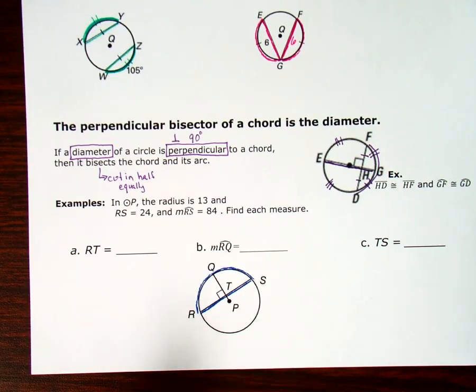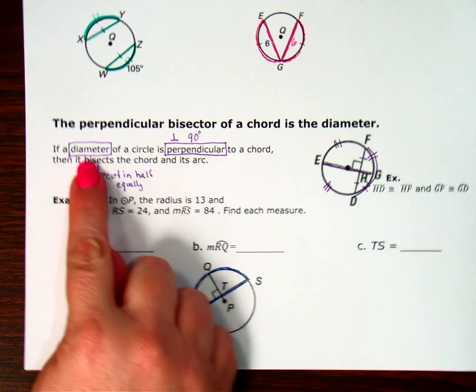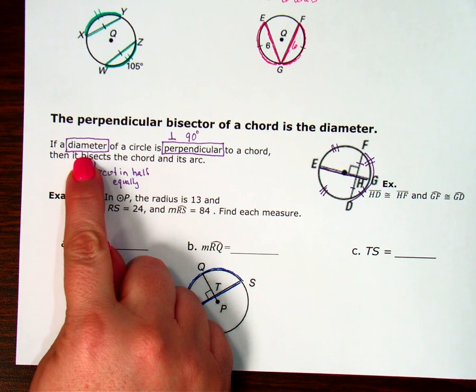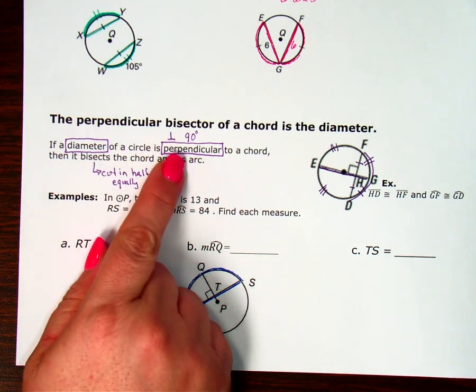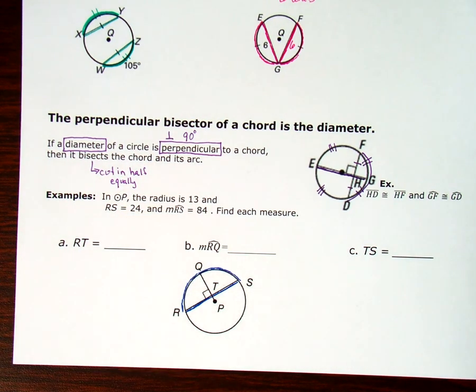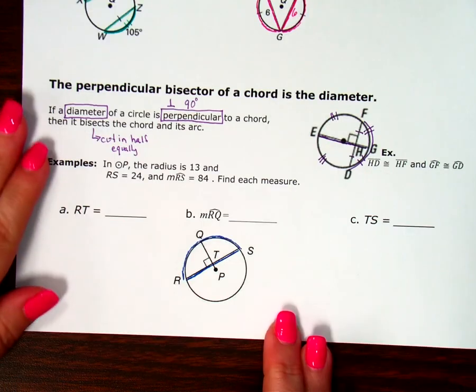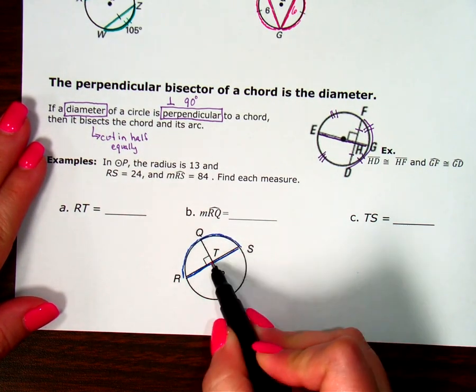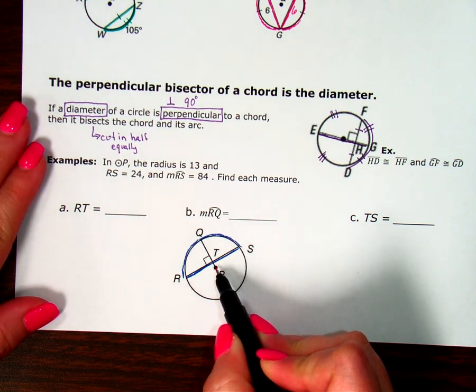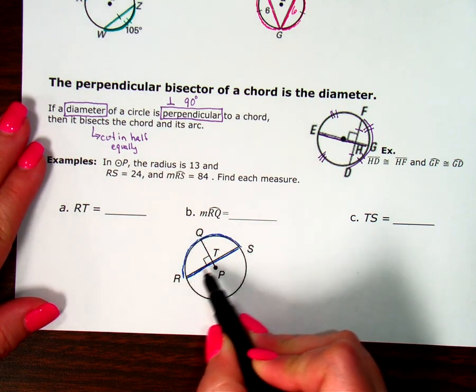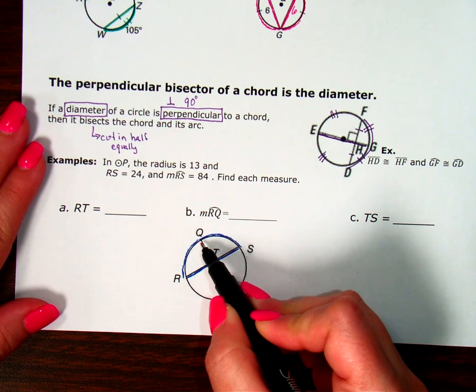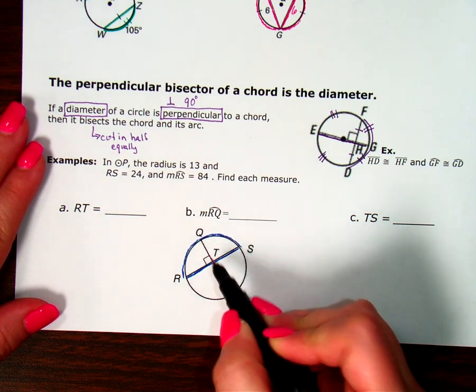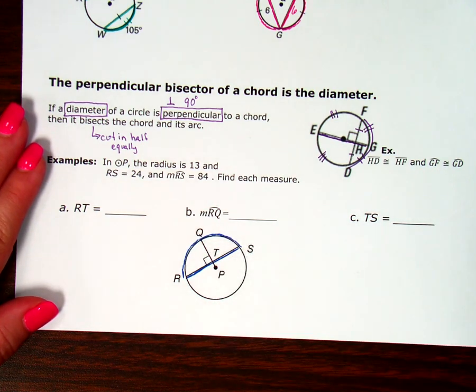Now remember, my rule says it has to be a diameter and it needs to be perpendicular to a chord. If I look at this picture, I don't see a diameter right away, because this chord does not go through the center. My center's here, so that chord is not a diameter. And this isn't a diameter because it's just a radius.